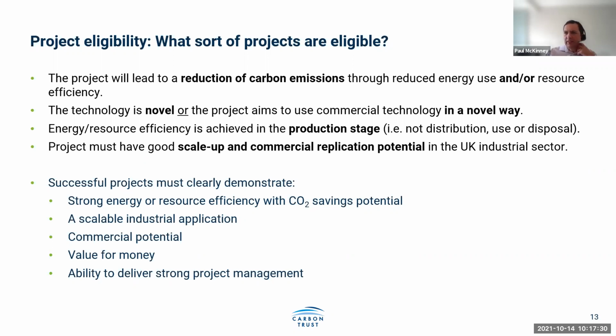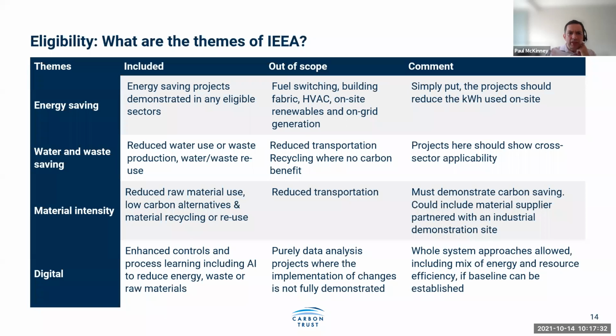Next slide. On this slide, I've just tried to lay out the types of projects which are and aren't in scope along those lines. So I've talked about energy saving. There are lots of energy saving type projects, but what we're really looking for here is effectively the reduction of the number of kilowatt hours used on site in the industrial process.